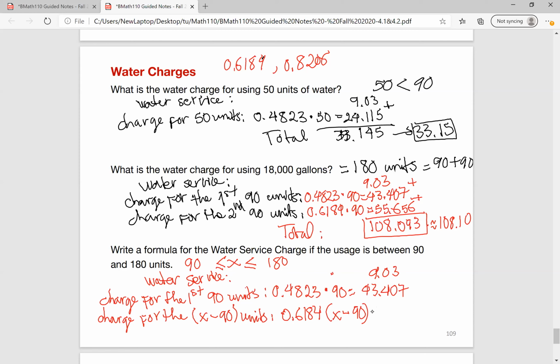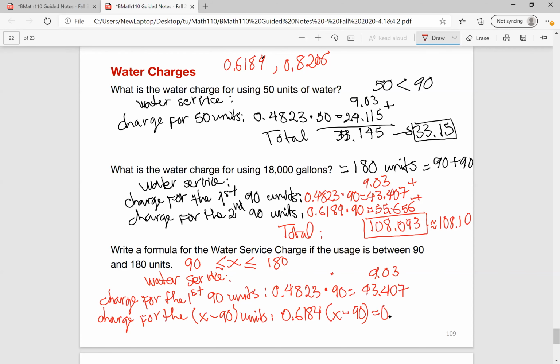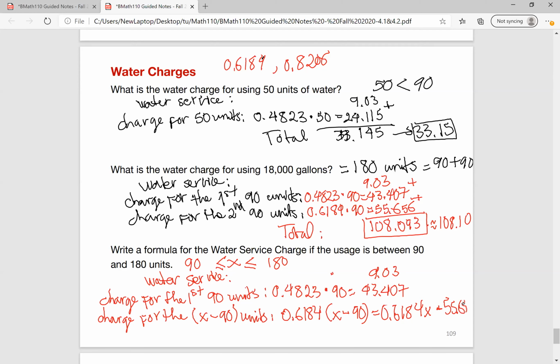If you distribute, you're going to have 0.6184x minus 55.656.